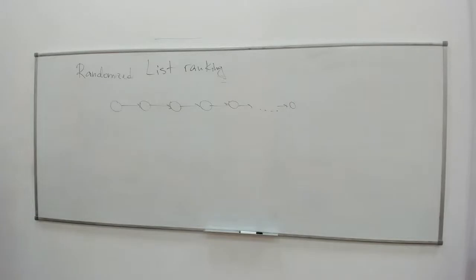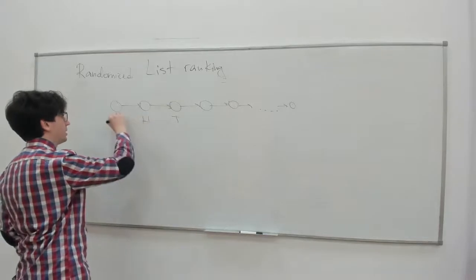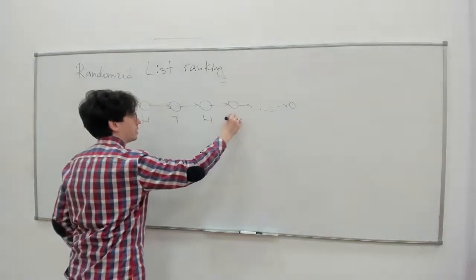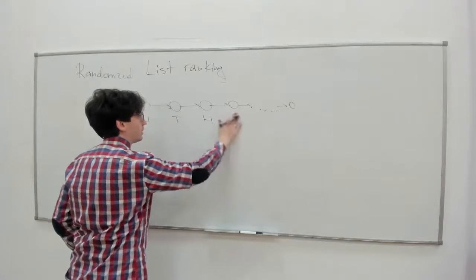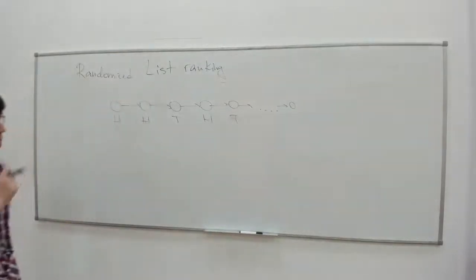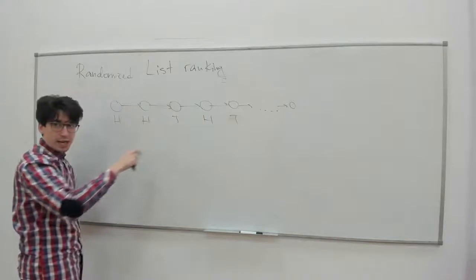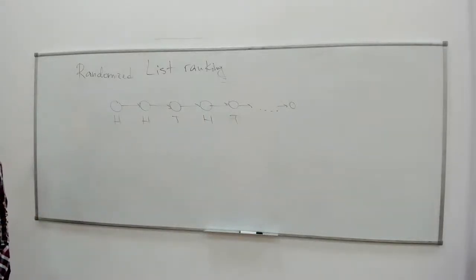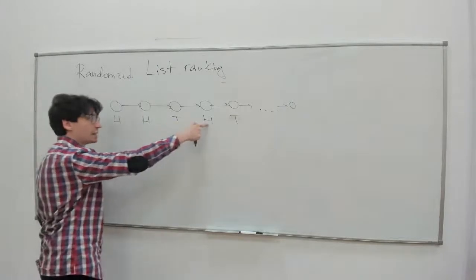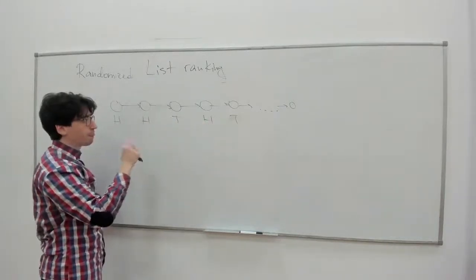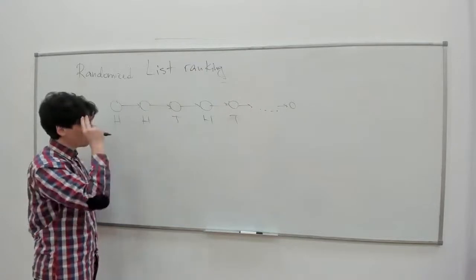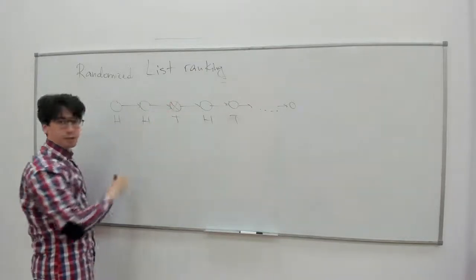Each element in parallel flips a coin: heads, tails, heads, tails, and so on. I will take all the elements for which it is tail and its next is head. We don't check the previous. And I say that this element will be kicked out.